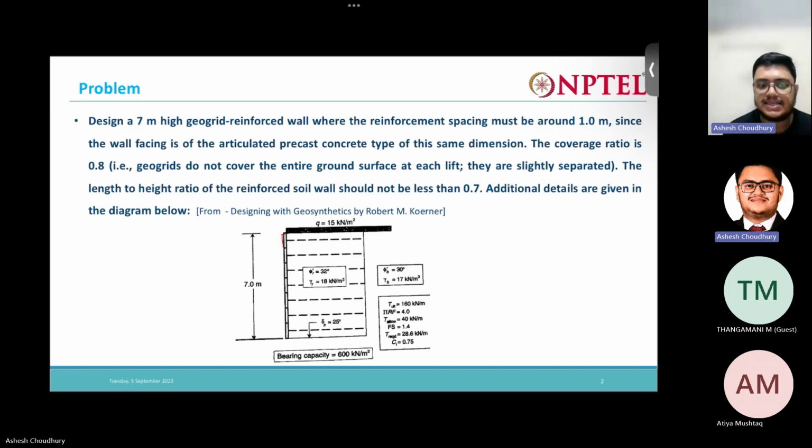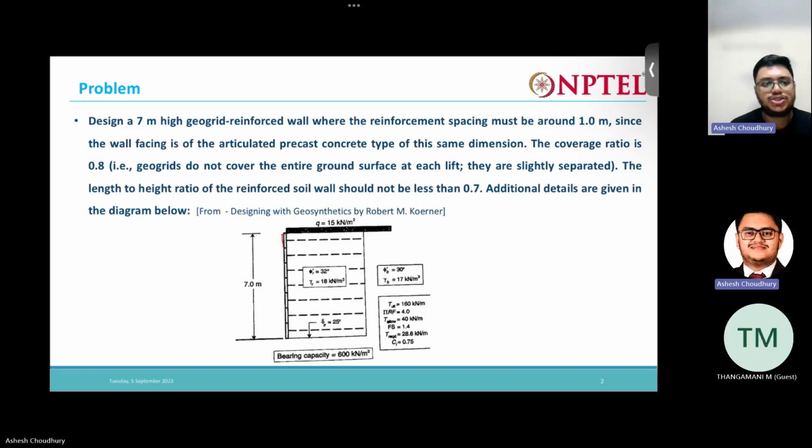These geogrids are placed in layers. The whole ground is not covered by the geogrid, so there are little gaps between these layers. That's why we are using this coverage ratio.